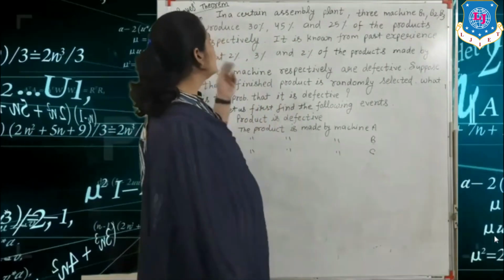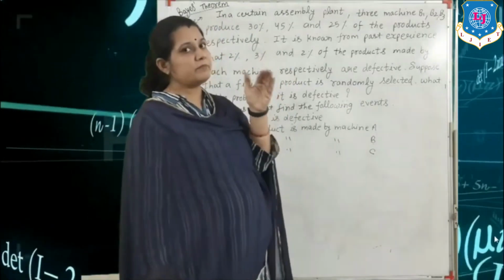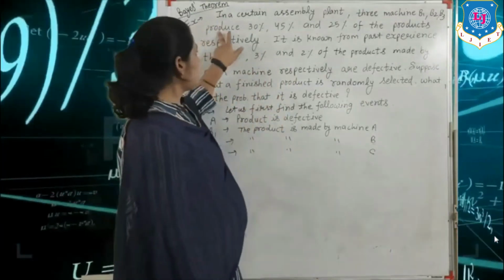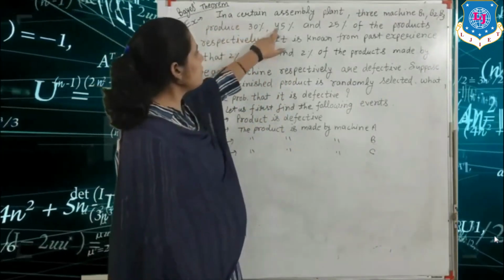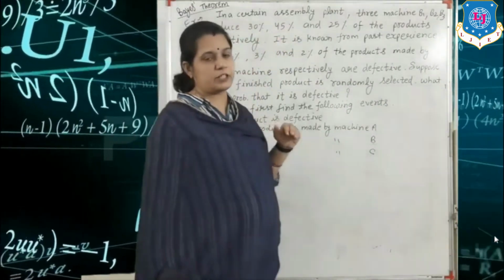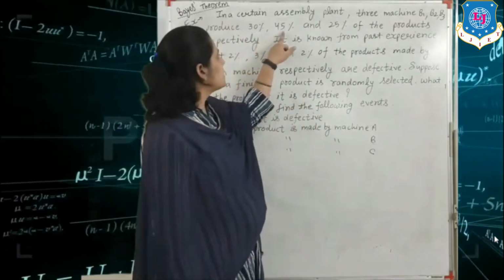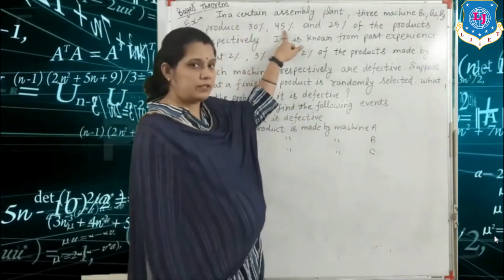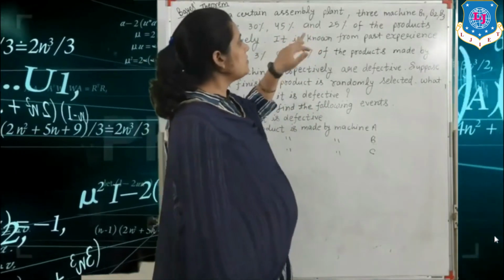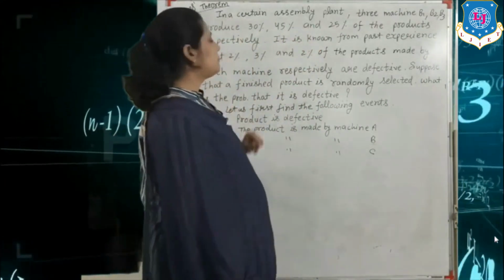That means machine B1 produces 30%, machine B2 produces 45% and machine B3 produces 25% of the product.